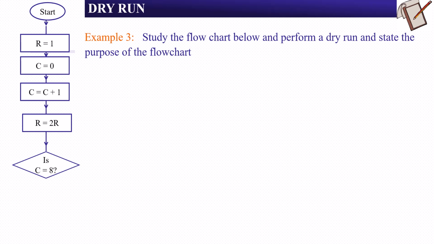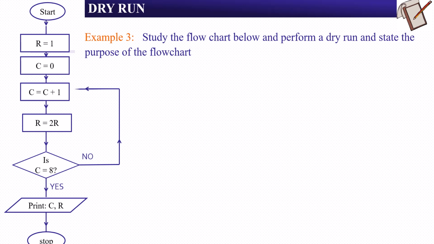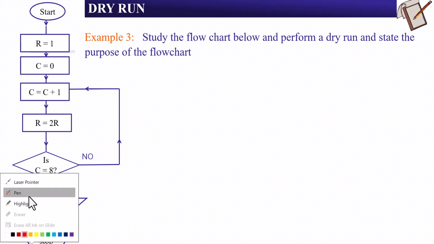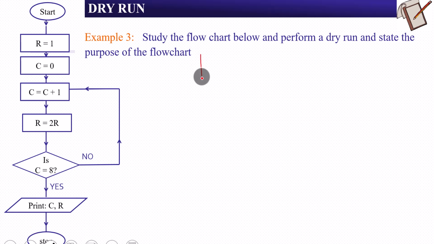Then in the decision box, is C equaling to 8? If it's a yes, you print C and R and then you stop. If it's a no, you go and increment C by 1. So we are going to perform a dry run, and then after that we can state the purpose of the flowchart.